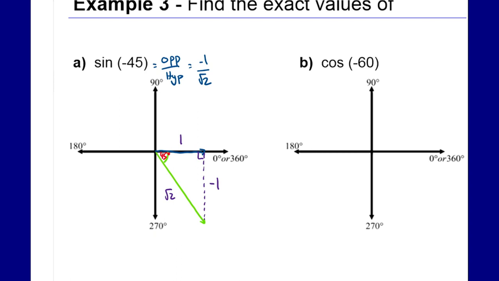Or we could say that sine of negative 45 would be the same thing as sine of 315, because again, that's the same as this angle here, 315, just the positive version of it, which is the same as the negative sine of 45.